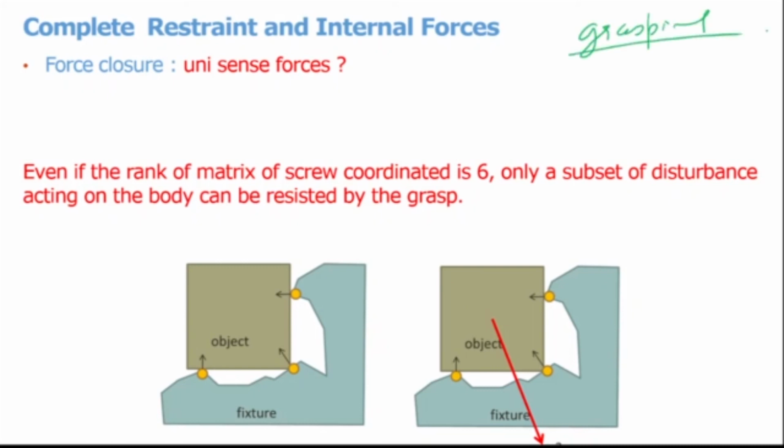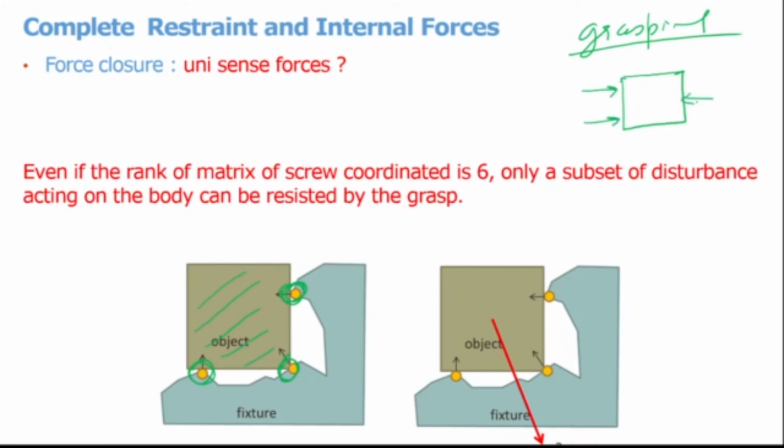This is an object which is being grasped, as shown in the figure. There are 3 contacts: 1 contact here, 1 contact here, and 1 contact here. You can assume this to be something like a box caught with 2 fingers or 3 fingers like this.